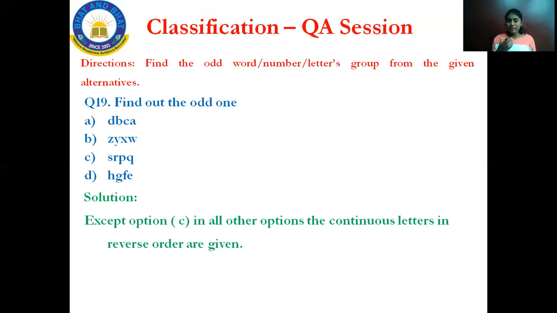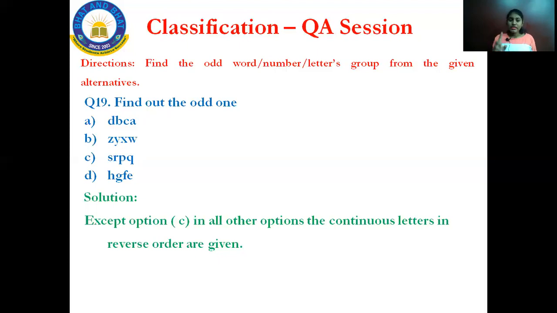First arrange them as continuous letters in both directions, reverse direction as well as forward direction, and S, R, P, Q, even this also. Next, H, G, F, E. Except C, all other options have continuous letters in reverse order. Keep in mind, reverse order, that is A, B, C, D in reverse order, not forward.